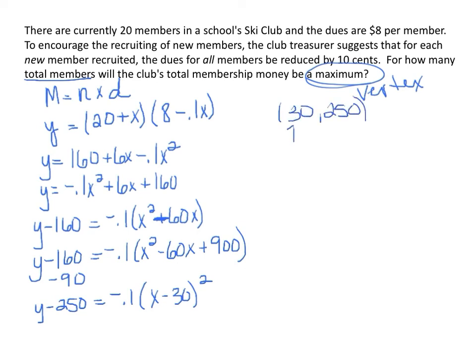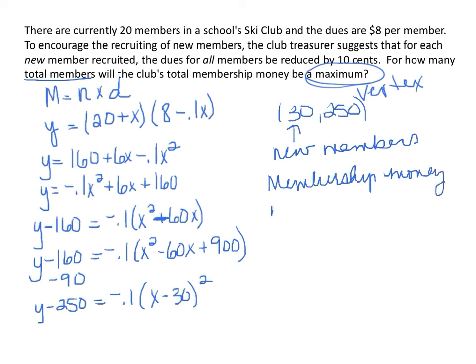But that's 30 new members. Total members would be 30 plus 20. So, membership money will be a maximum for 50 total members.